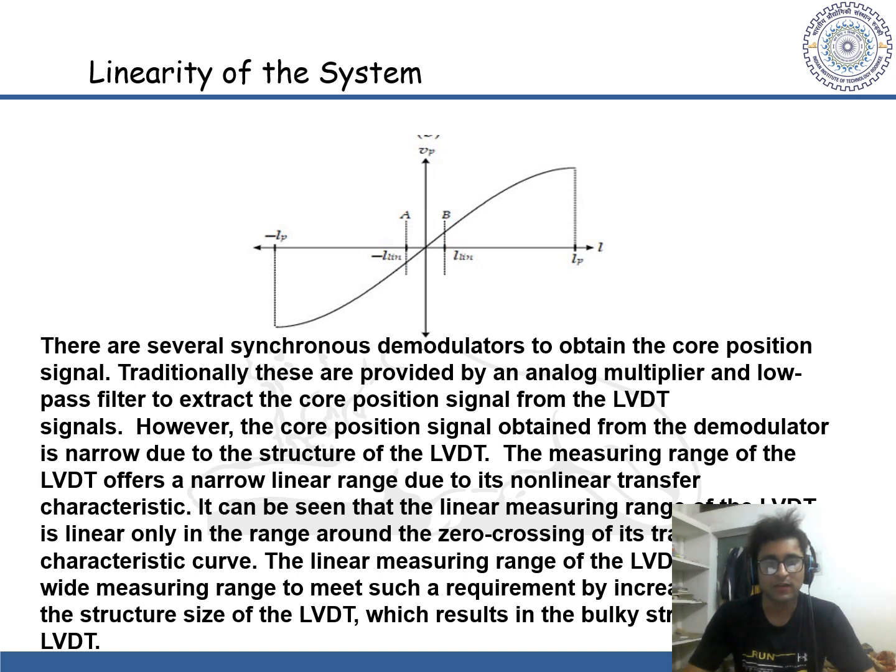The LVDT is linear only in the range around the zero crossing of its transfer characteristic curve. The linear measuring range can be widened to meet such a requirement by increasing the size of the LVDT, which results in a bulky structure.